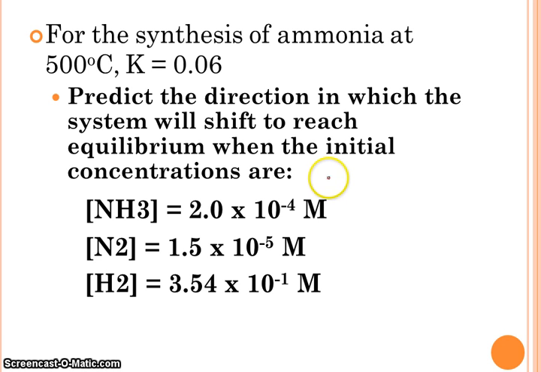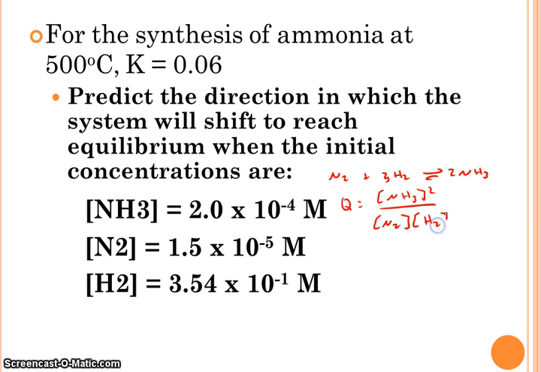So we've got our equation, nitrogen plus hydrogen gives us ammonia. Oop, that should be a 3. We've got our Q expression: the concentration of ammonia squared over the concentration of nitrogen times the concentration of hydrogen cubed.